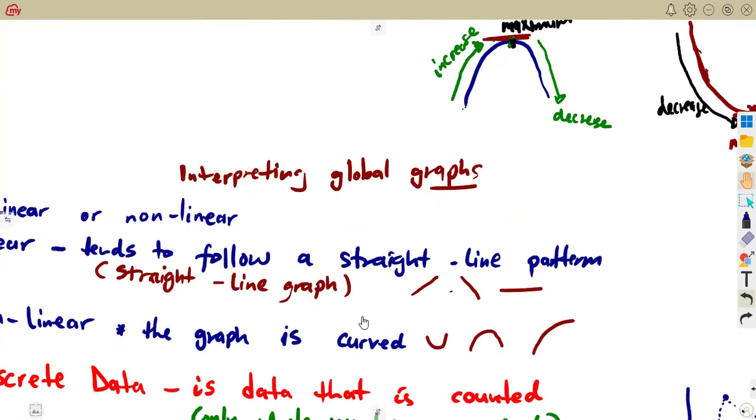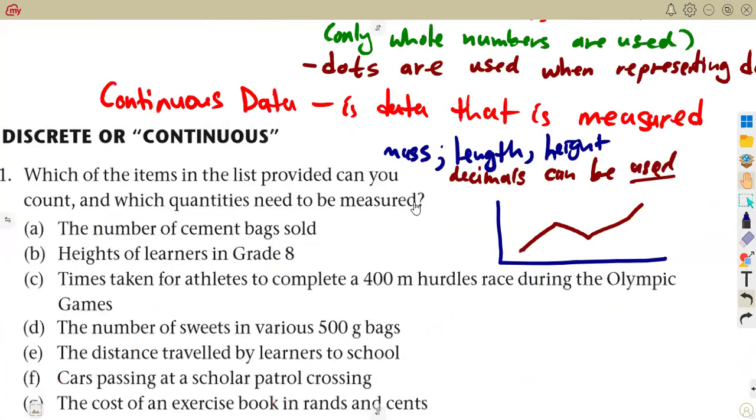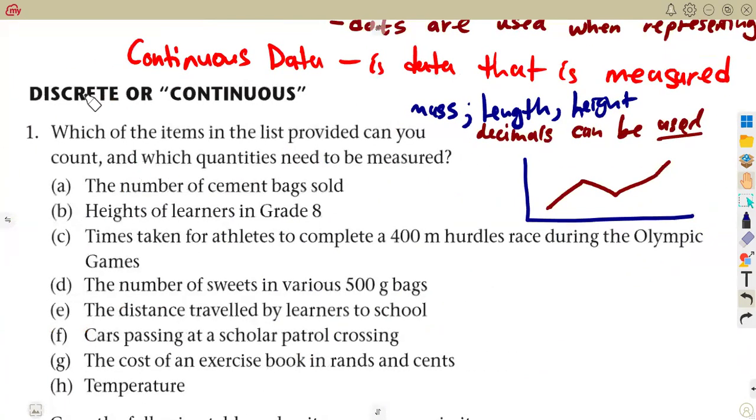But for the discrete and the continuous, you have to be very careful with how the information is given. Like on question number one, they are saying: which of the items in the list provided can you count? And which quantities need to be measured?